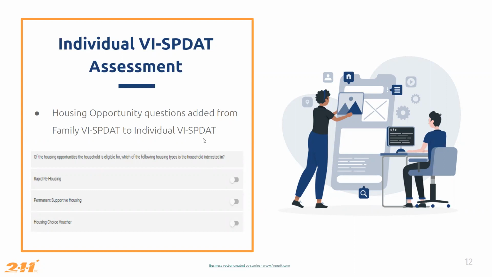These updates should be available in HMIS within the next day or so. We're just confirming a couple final things, but yes, you should be able to see these changes in HMIS very soon.